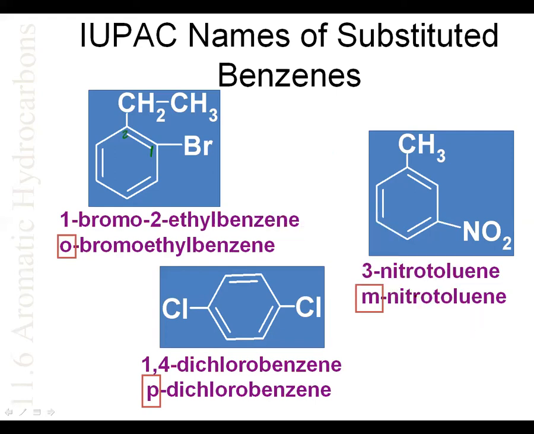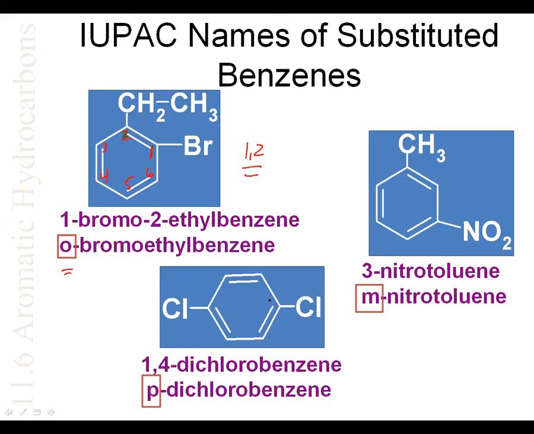There we go. So this would be 1, this would be 2, this would be 3, 4, 5, and 6. We would want the bromine to get the smaller number because alphabetically it goes first, and that gives us 1-bromo-2-ethylbenzene. That is still the 1 and 2 positioning, which is your ortho positioning on that particular one.